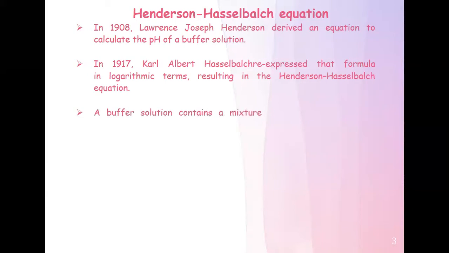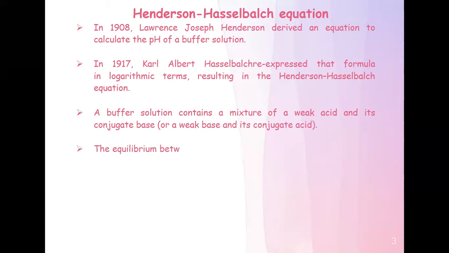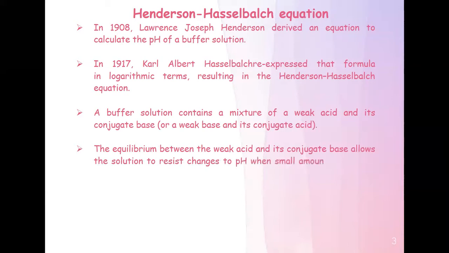A buffer solution contains a mixture of weak acid and its conjugate base, or weak base and its conjugate acid. The equilibrium between the weak acid and its conjugate base allows the solution to resist changes to pH when small amounts of strong acid or base are added.